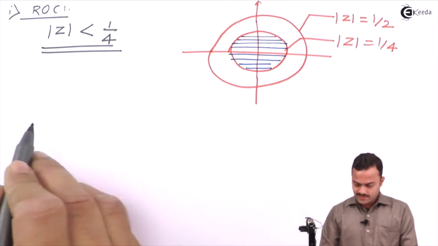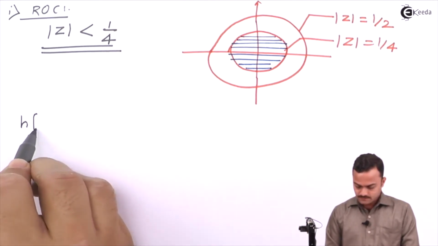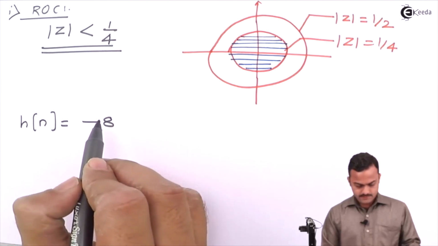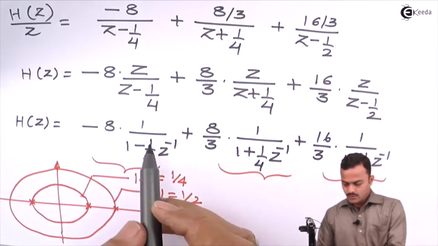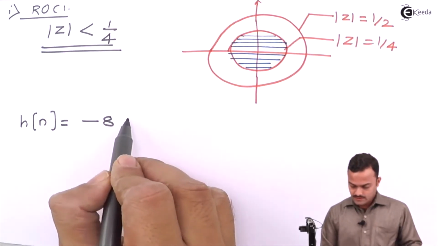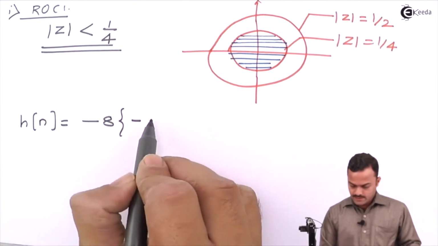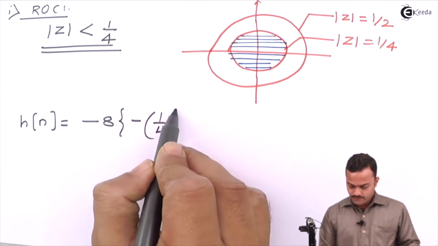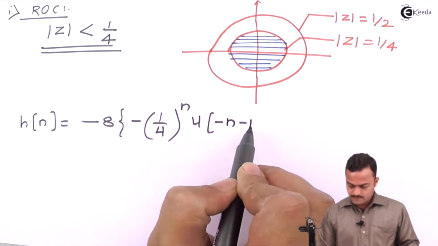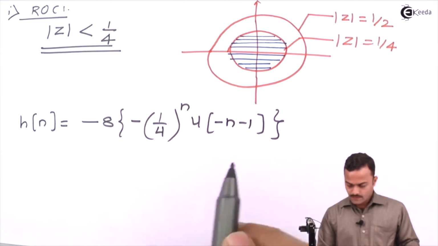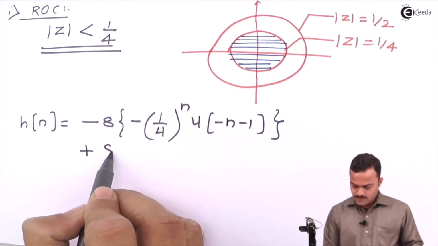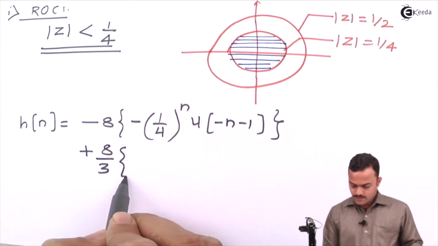So in the end, I will get h of n as minus 8, and over here it's 1 upon 1 minus 1 by 4 z inverse, which will be minus 1 by 4 raised to n u of minus n minus 1. Then for the second, it is plus 8 by 3 inside bracket.